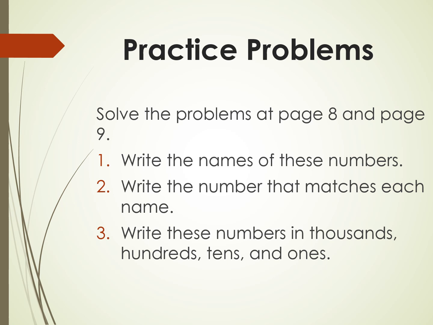It means that you are given the names of the numbers and you have to convert them into numeral form. In the last question, which is question number 3, you have to write these numbers in thousands, hundreds, tens, and ones. For your help, one part of each question is done for you.